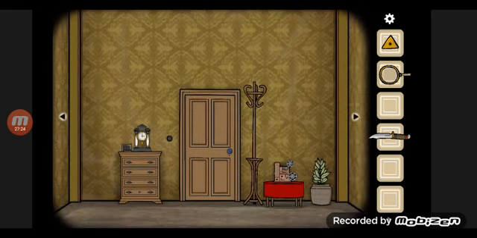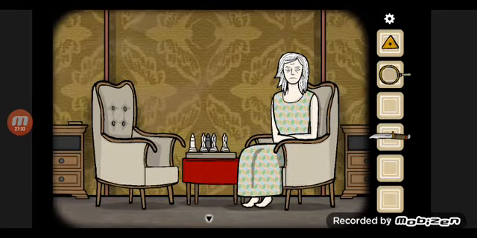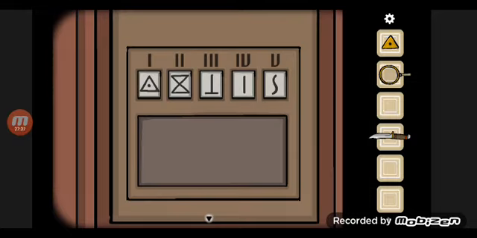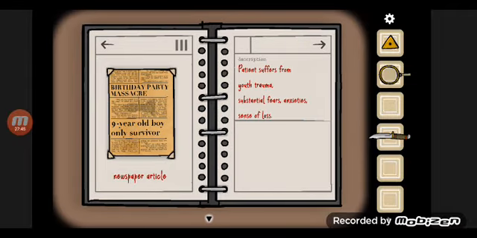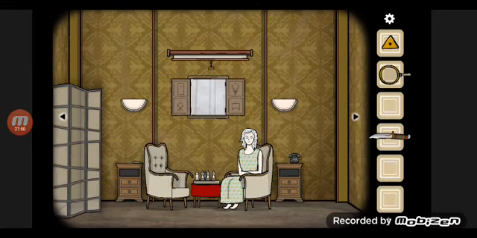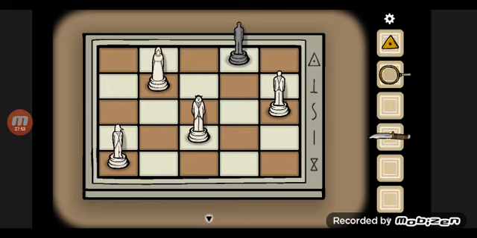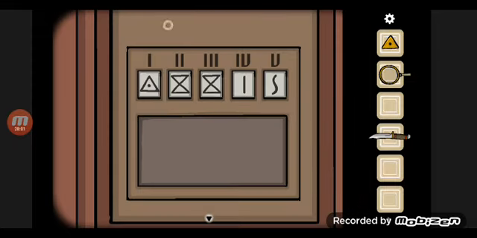Wait a minute. Maybe not. Maybe I have been mistaken here. Wait a minute. The third symbol is the symbol with the man statue.